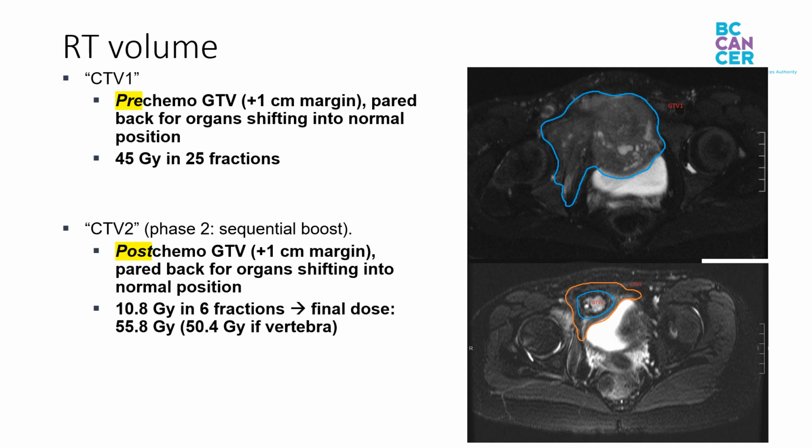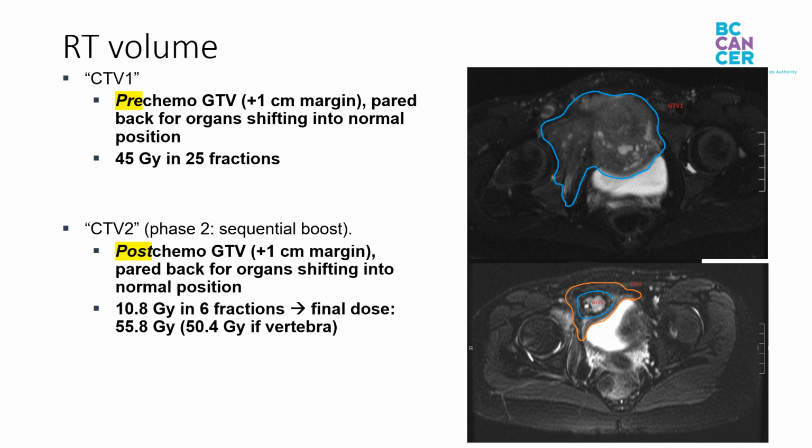And the CTV2, which is the sequential boost phase, should include post-chemotherapy GTV with 1 centimeter margin, paired back for organ shifting into normal position. So this sequential boost should receive 10.8 gray in 6 fractions for final dose of 55.8 gray.